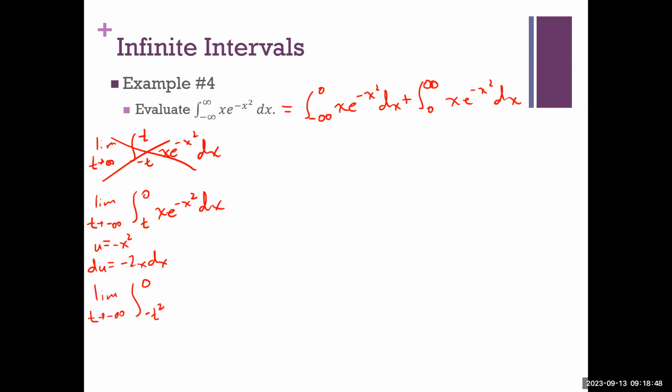Negative t squared. All right, so what's the integral? We still have to figure that out. So it should be e to the u is part of it, right? Yeah. Can I deal with dx directly?